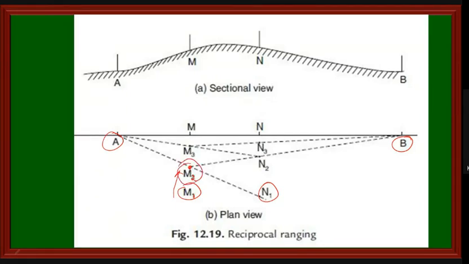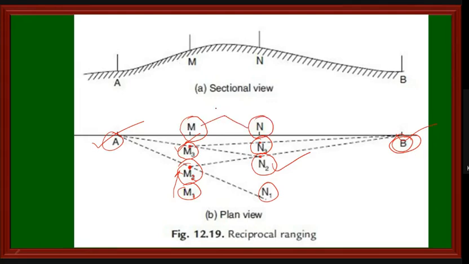Now, with the help of M2 and B, we will establish the second point, N2. With the help of N2 and A, we will establish the third point, M3. With M3 and B, we establish N3. The procedure will go on, and finally they will be in a straight line, M and N.